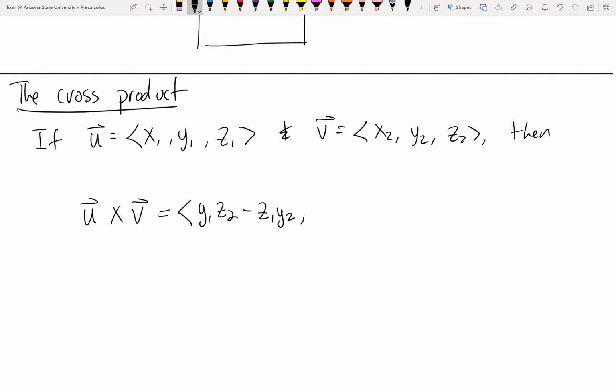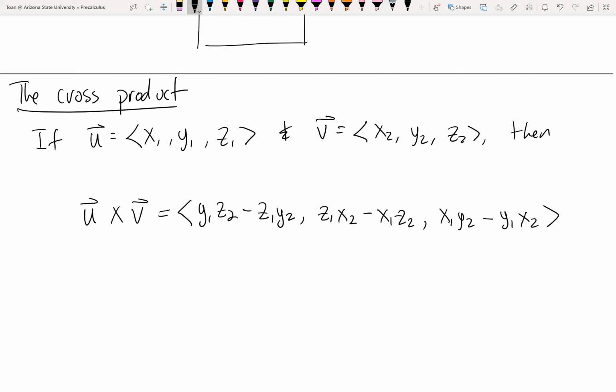The y component is going to be z sub 1, x sub 2, minus x sub 1, z sub 2. And then the last component, the z component, is going to be x sub 1, y sub 2, minus y sub 1, x sub 2.